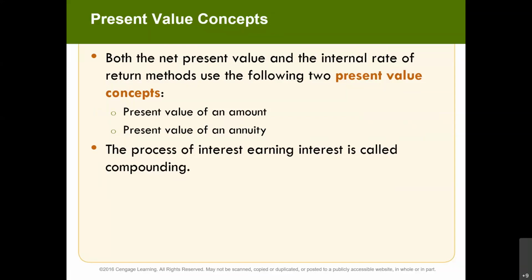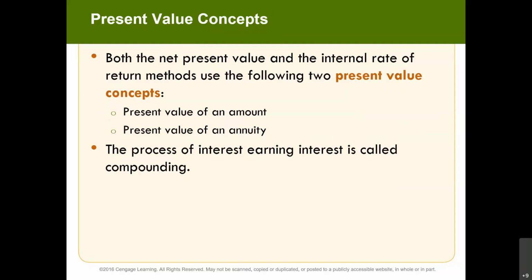An example of this: if I invest $1 into the bank today and I have an interest rate of 12% annual, that means at the end of the first year, my dollar would be worth $1.12. At the end of the second year, that would increase to $1.34.